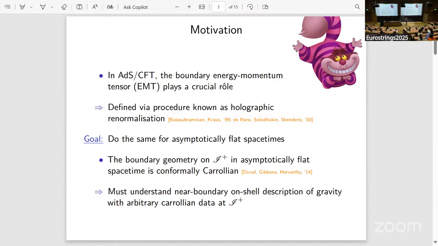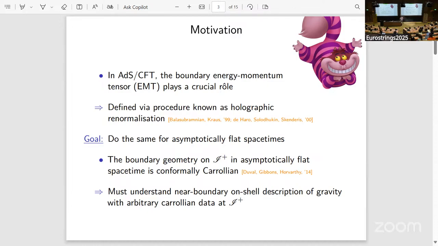So just to give you a bit more motivation before we get into the meat of the talk, in the AdS-CFT correspondence, I don't need to tell you, of course, that the energy momentum tensor on the boundary plays a big role. It's sort of the response to varying the metric. And the way that you get this energy momentum tensor is essentially by performing this procedure known as holographic renormalization.